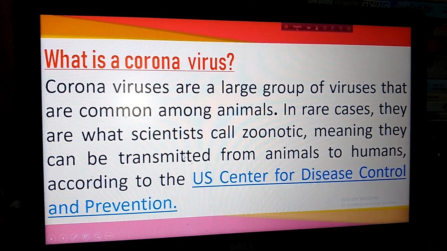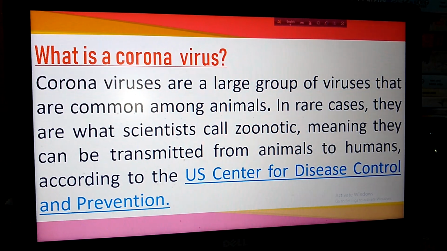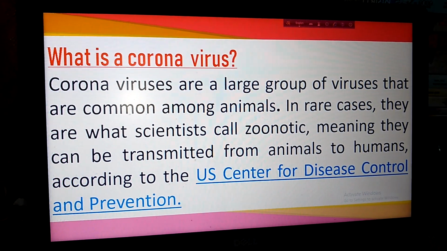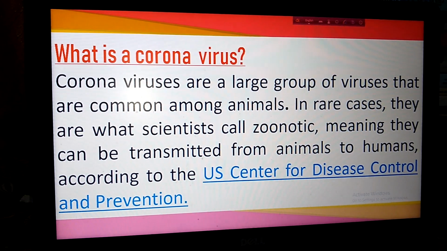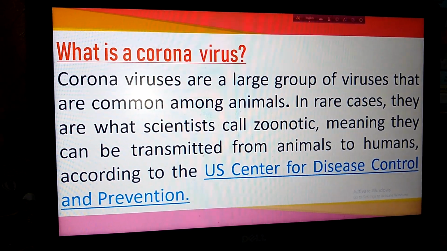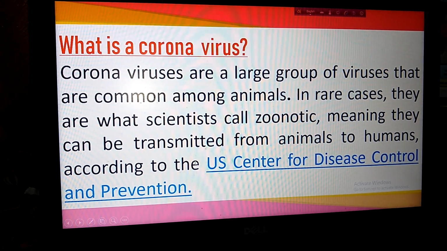Coronaviruses are a large group of viruses that are common among animals. In rare cases, they are what scientists call zoonotic, meaning they can be transmitted from animals to humans, according to the US Center for Disease Control and Prevention.